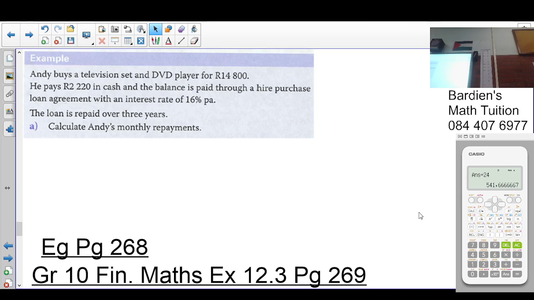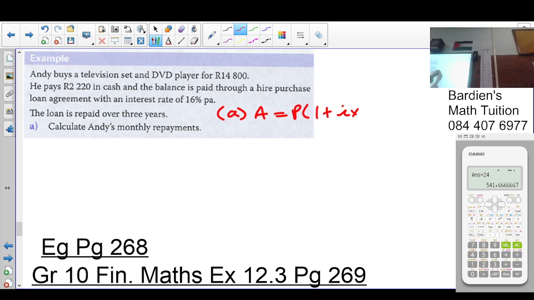Firstly, we need to know which formula we're going to use here. It's going to be the simple interest formula: A is equal to P into 1 plus i times n. So what's my P value? The loan amount. Is it going to be 40,800 Rand? No. Why? Because once you make a deposit, paid in cash at the beginning, that amount is deducted from the cash price.